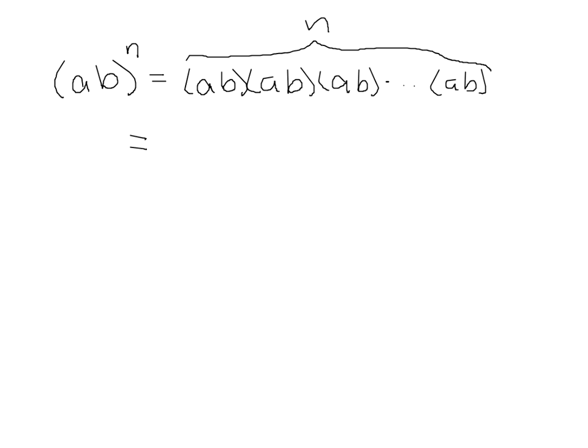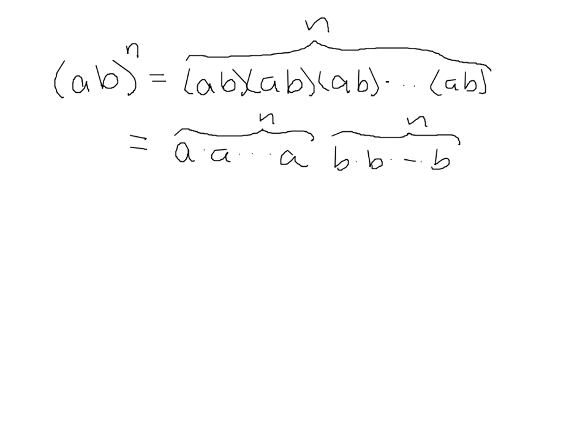Now because of the real numbers, we can reorder these. So I can have a times a, and I can get all the a's multiplied together. So that would be n of those. And then I can put all the b's together, and there would also be n b's. So I end up with a to the n times b to the n.